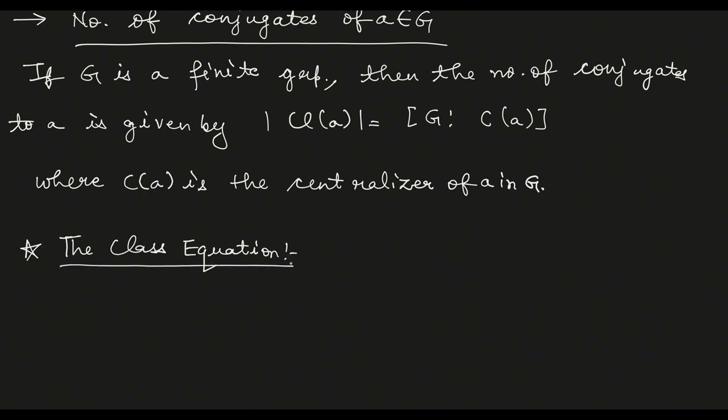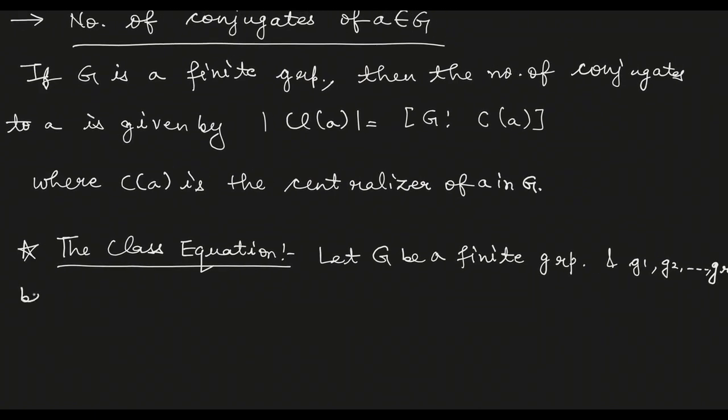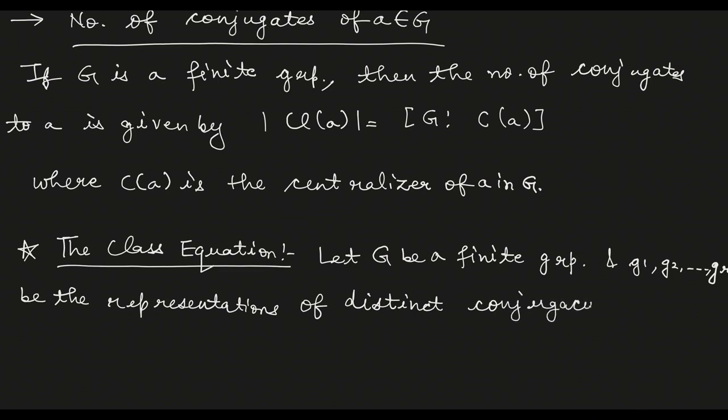Let G be a finite group and g1, g2, and so on till gr be representatives of distinct conjugacy classes of G not contained in the center.